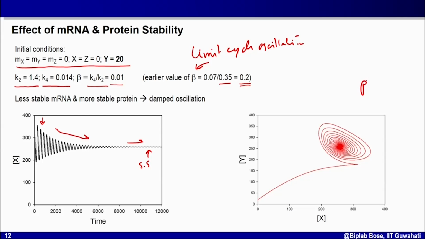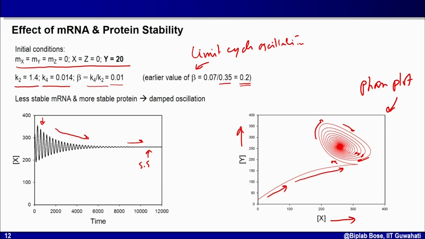If I draw the phase plane of that, so I have a phase plane plot here with X in the horizontal axis, Y in the vertical axis. So this is my trajectory. Initially things increase, then oscillation starts. The trajectory of these oscillations are collapsing because they are becoming smaller in amplitude.